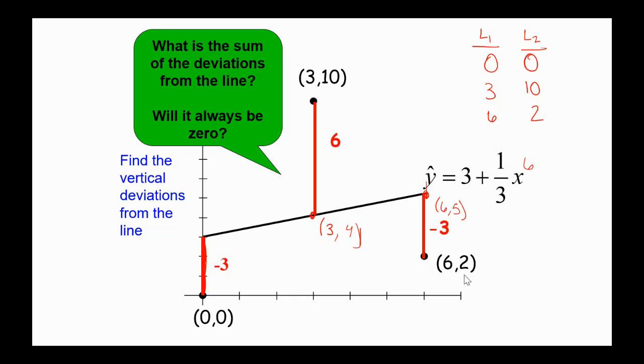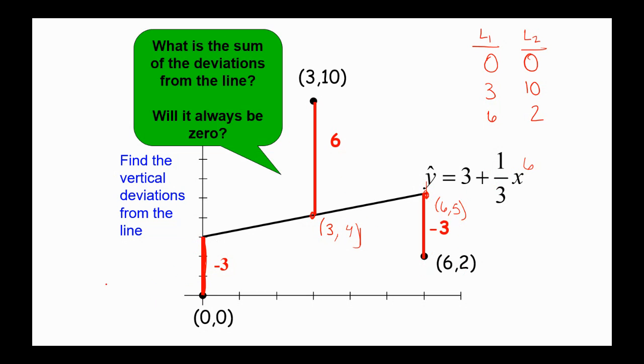Now, let's not square them. Let's just add them up as they are. -3 plus 6 plus -3. What would that get you? 0. Huh. You add the deviations up and that gets 0. I feel like I've heard that before.